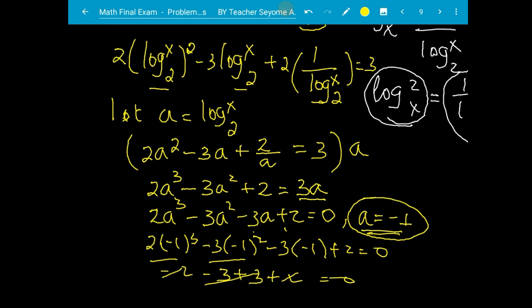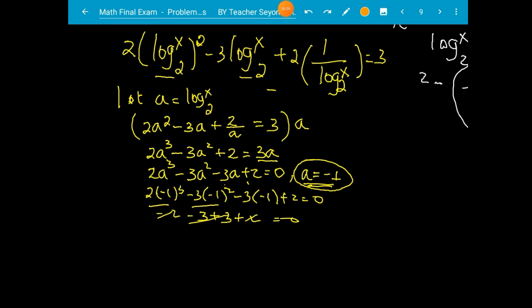To get the other values, if minus 1 is a root of this polynomial equation, you can use the synthetic method to find the other factors: 2, minus 3, minus 3, 2, because the degrees are 3, 2, 1, 0.